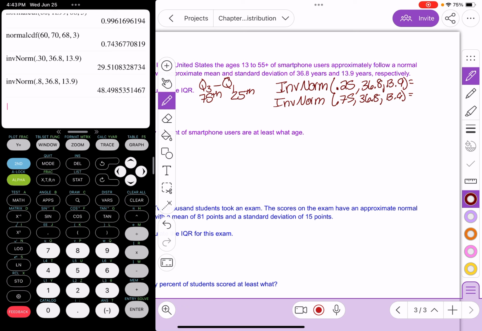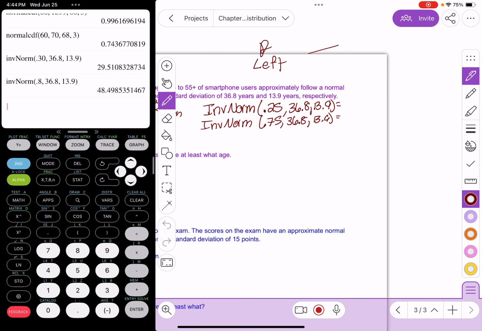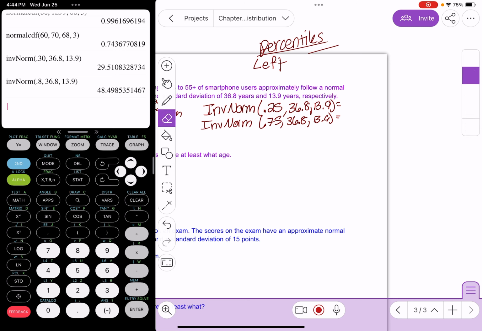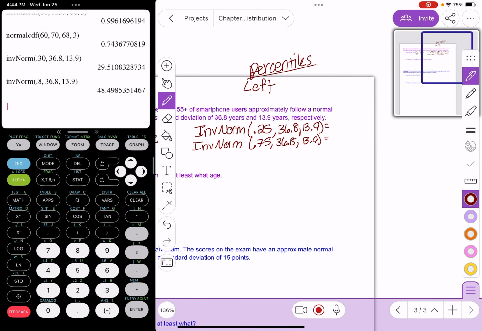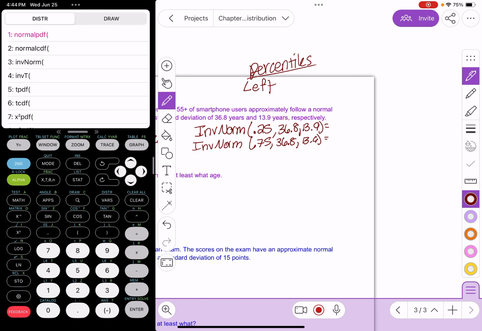Because we're doing percentiles, they're all left. So leave it just like it is. Percentiles tell you to do left. You don't have to change anything. If you have the app, it doesn't give you that choice, so it doesn't really matter.